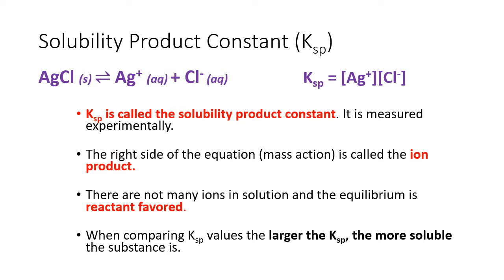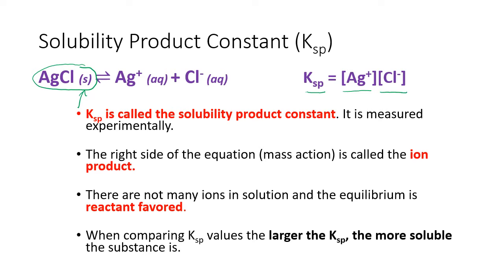The only thing that's going to change in this chapter is, since we're dealing with salts that are sparingly soluble, they are solids. And recall that we don't include solids or pure liquids in our equilibrium expression. So essentially, we're never going to have a denominator. We would have K equal to the concentration of silver ions times the concentration of chloride ions, and that whole thing would be over 1.